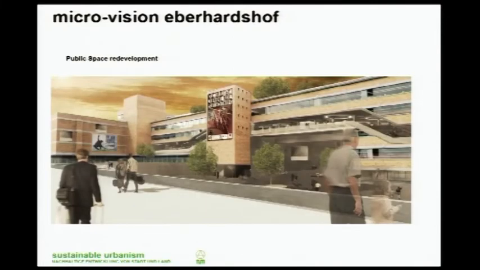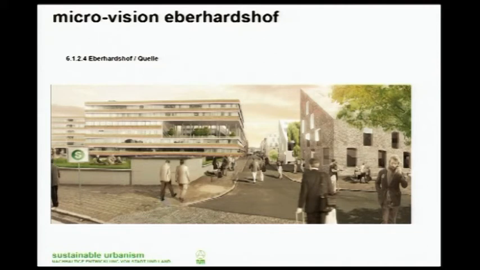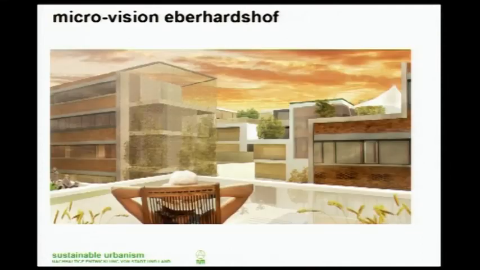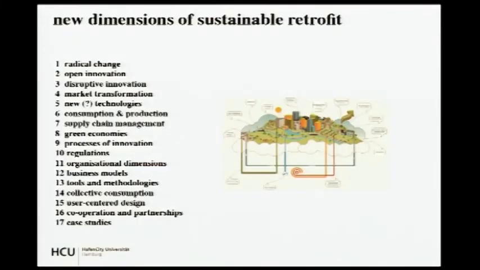Yeah, so these were approaches of dealing with the existing massive building block, some new builds on the side. These microvisions would integrate some of the technical aspects that we have been talking about.